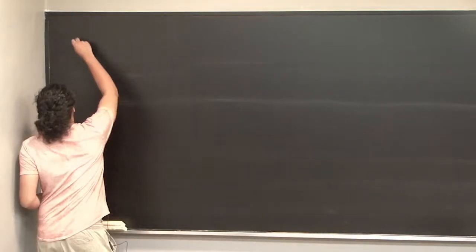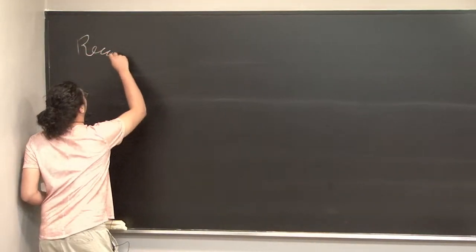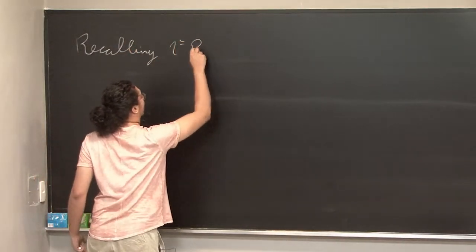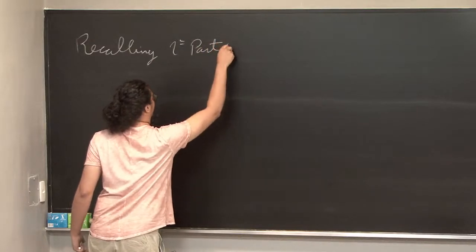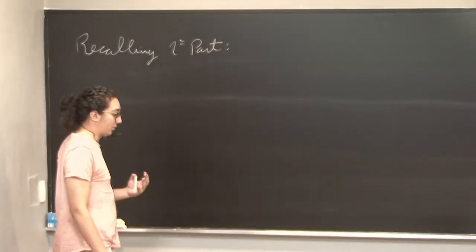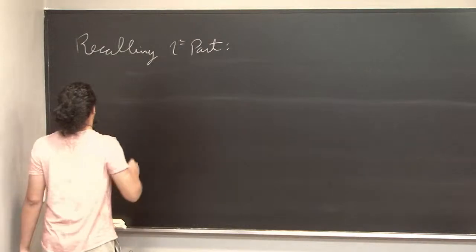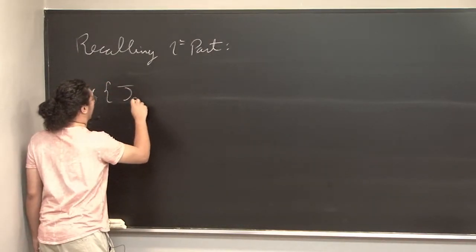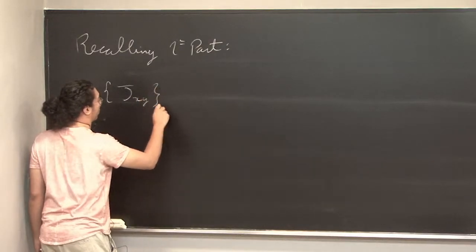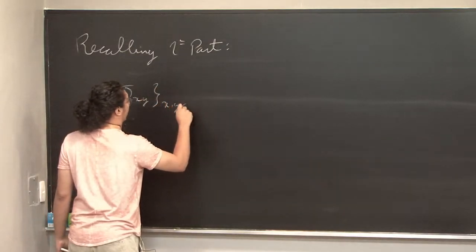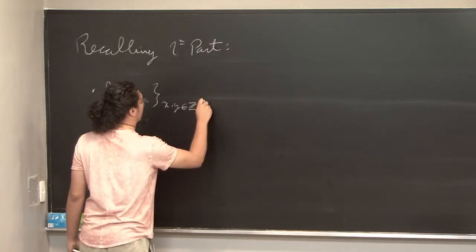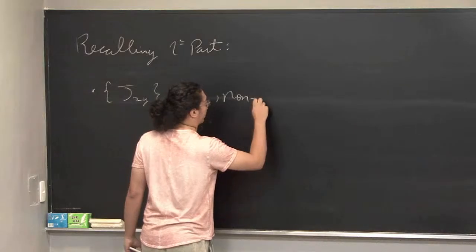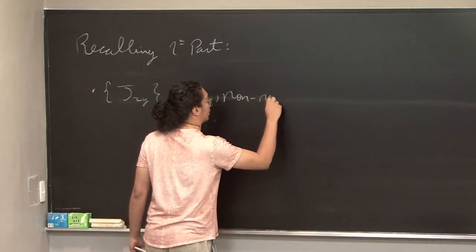So let's start by recalling the first part of the course. In the first part of the course, first of all, we were considering general interactions, J_{X,Y} with X and Y on the lattice Z^d, non-negative, so only ferromagnetic systems.